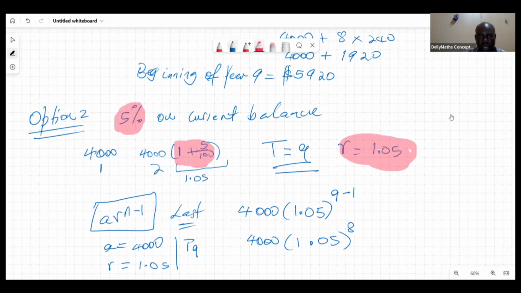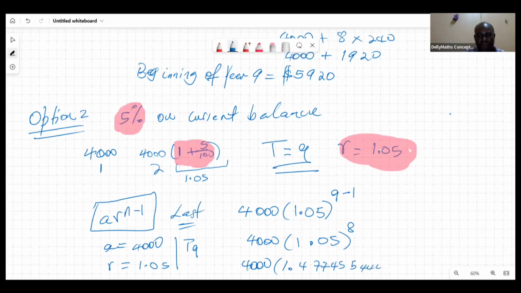Let's find out quickly. 4,000 times 1.05 raised to the 8. And this basically would be 1.4774. I'm just writing this out.